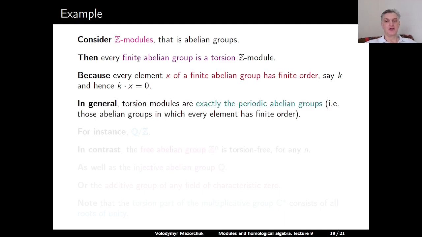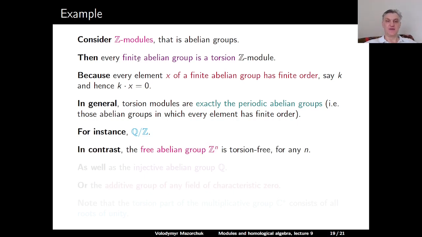In general, torsion modules are exactly the periodic abelian groups, so those abelian groups where each element has finite order. The order of the element necessarily belongs to the annihilator of this element, by definition. A good example of such a group is the additive group of rational numbers modulo the additive group of integers.